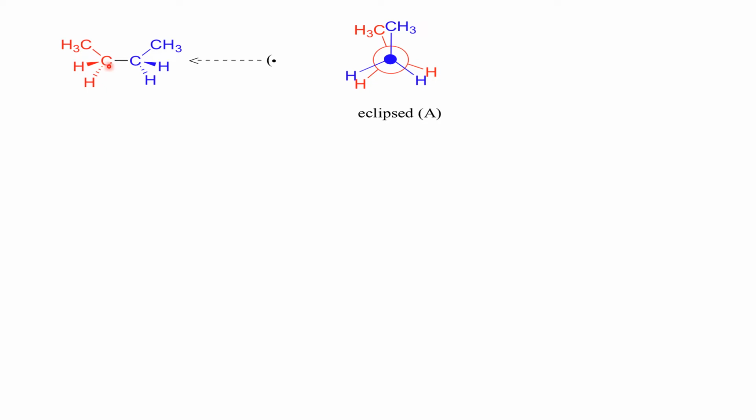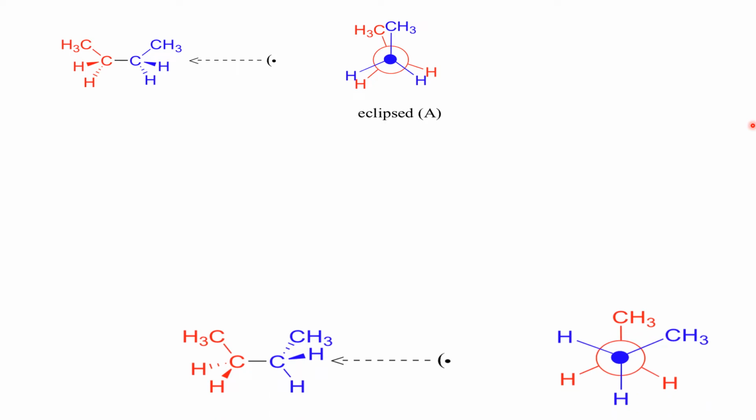That means this is the second and third carbon atom. So this is the fully eclipsed form. See, the blue color represents this front carbon atom and the red color represents the back carbon atom. So this is fully eclipsed.